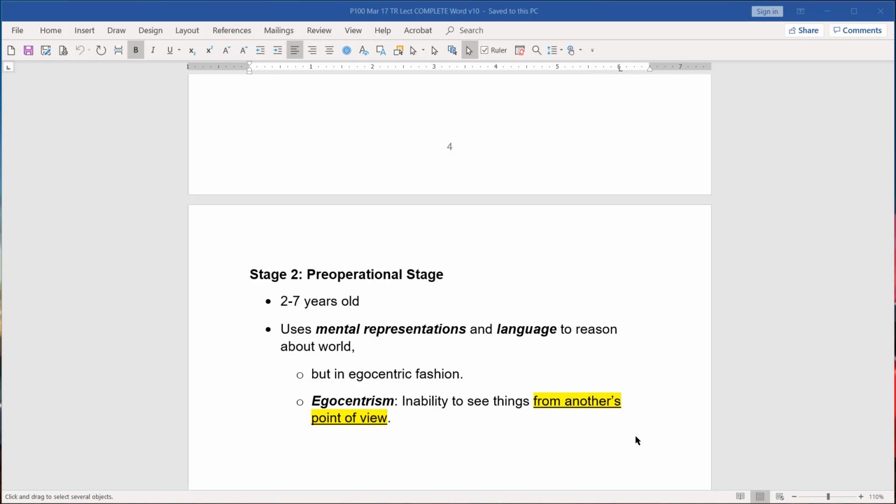A young child would have great difficulty doing this. A young child finds it difficult to imagine what the blocks would look like from the psychologist's perspective, the psychologist that's sitting across the table from the child. The child is displaying egocentrism, something that we associate with stage 2, the pre-operational stage.